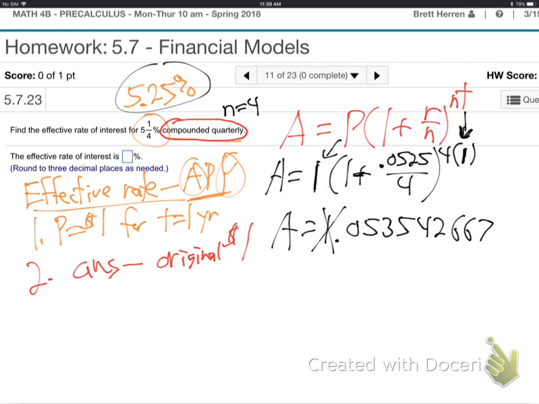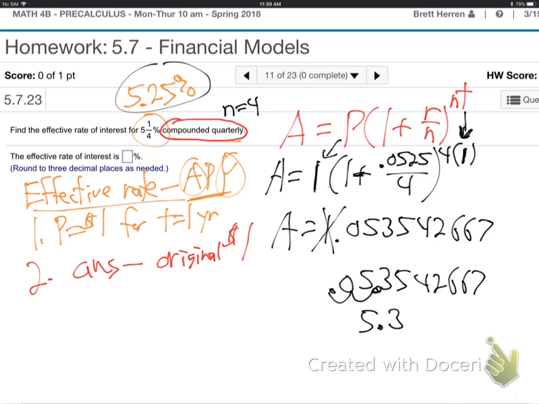I just want the amount it increased by. So it's 0.0535426667. And that's a decimal answer. We have to change that back to percentage. How do you change a decimal to percentage? 2 places.